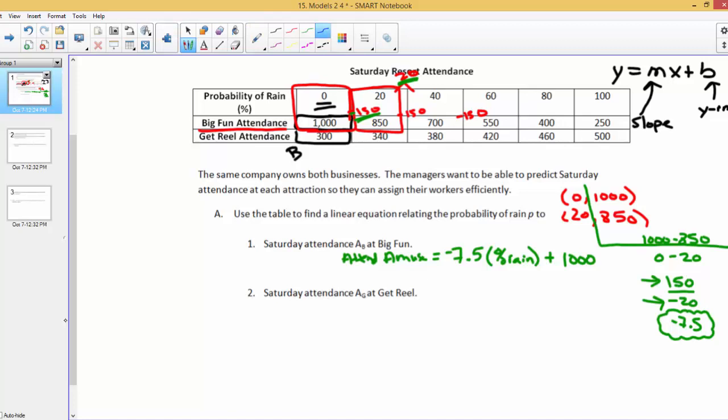All right, the second one is the movie. So again, we can take two ordered pairs, and it doesn't matter what two you choose. To quickly analyze here, we are adding 40 every single time in the y as x again goes up by 20. So if you want to look at your two ordered pairs, 0 gives 300 and 20 gives 340.